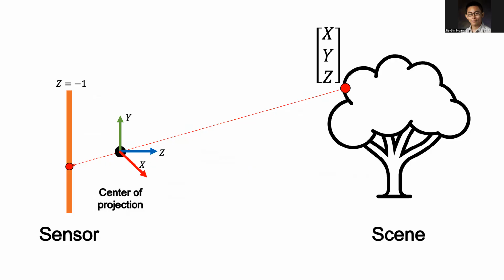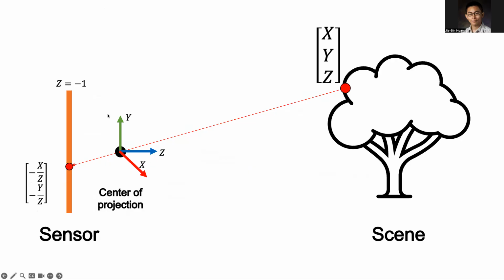Because this triangle and this triangle are similar triangles, you can work out the math. This is z, and this is minus z. Then this point will be minus x divided by z, and minus y divided by z.